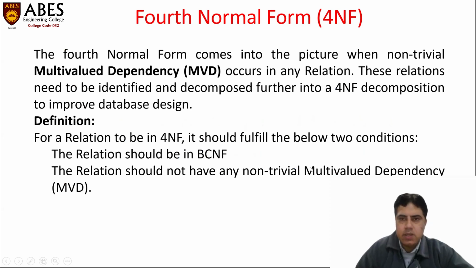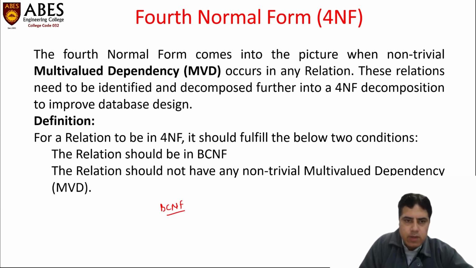Now let us understand the concept of fourth normal form. As we already know, all the redundancy from a table or relation can be reduced till BCNF. Fourth normal form comes into the picture when non-trivial multi-valued dependency occurs in a relation.